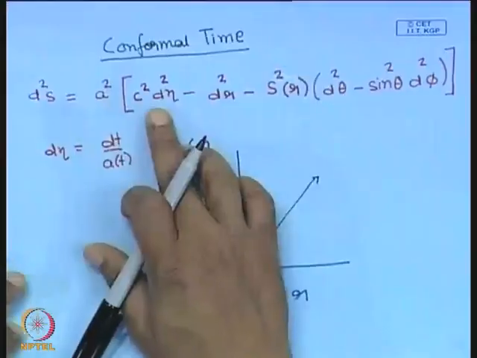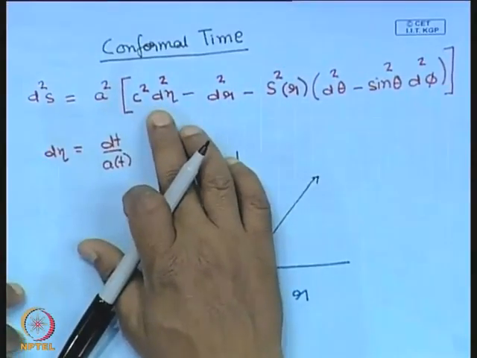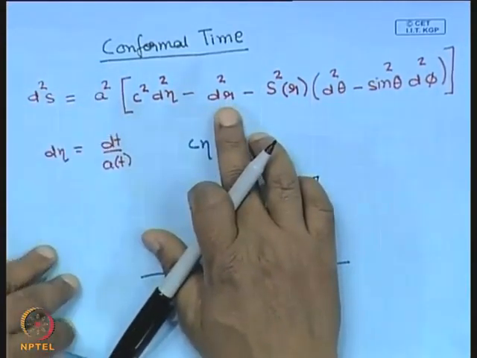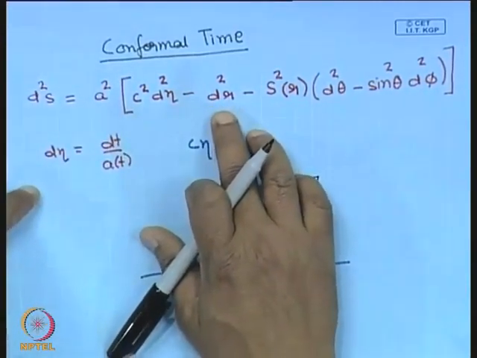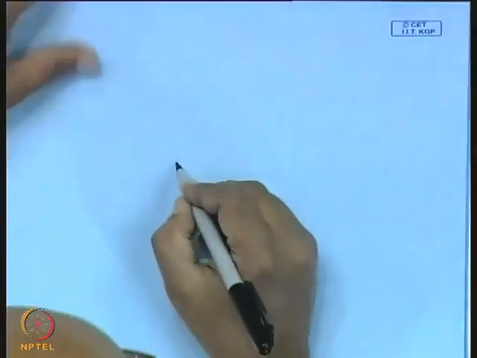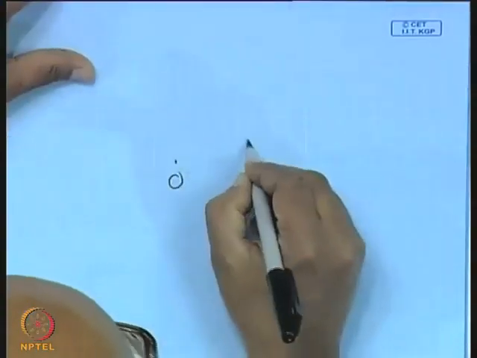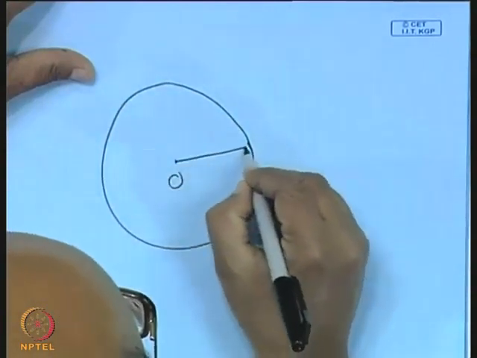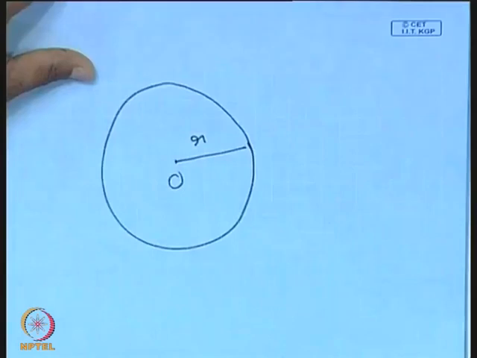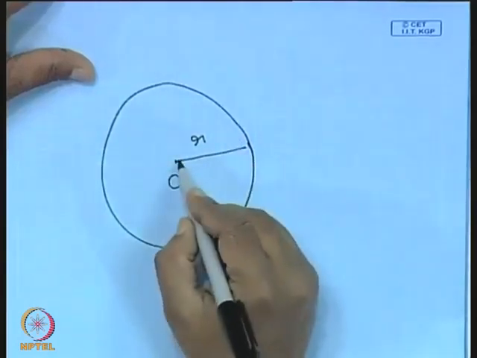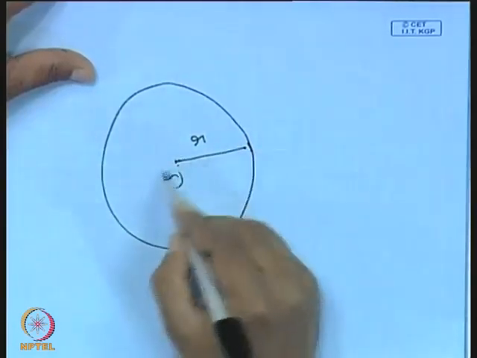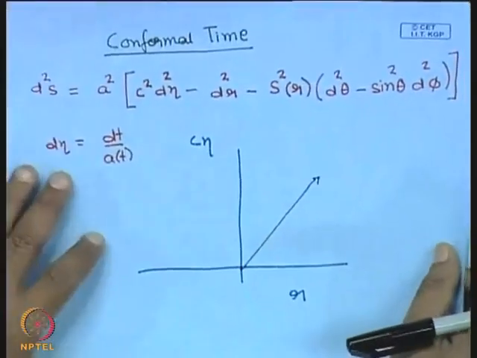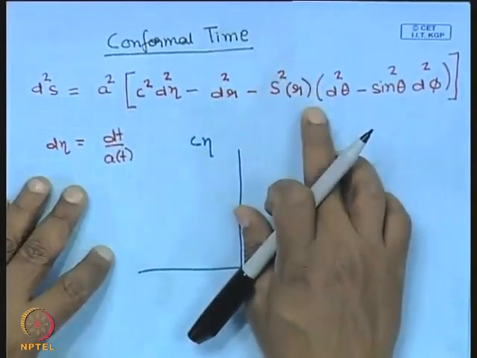Suppose I have a sphere of radius r, forget about the scale factor, then the co-moving distance from the origin is r. So this is my observer, this is a sphere of co-moving radius r. Now let us ask the question, what is the co-moving surface area?